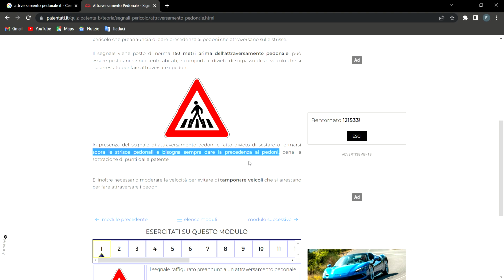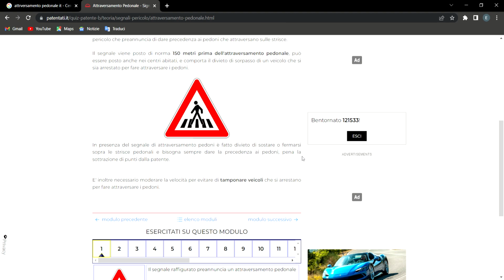You as a driver are not permitted to stop or to park your vehicle on top of the zebra line. If you are coming and you find someone crossing in that part of the road, all you need to do is wait. Give way to the leg. After the crossing of legs, you can continue driving.